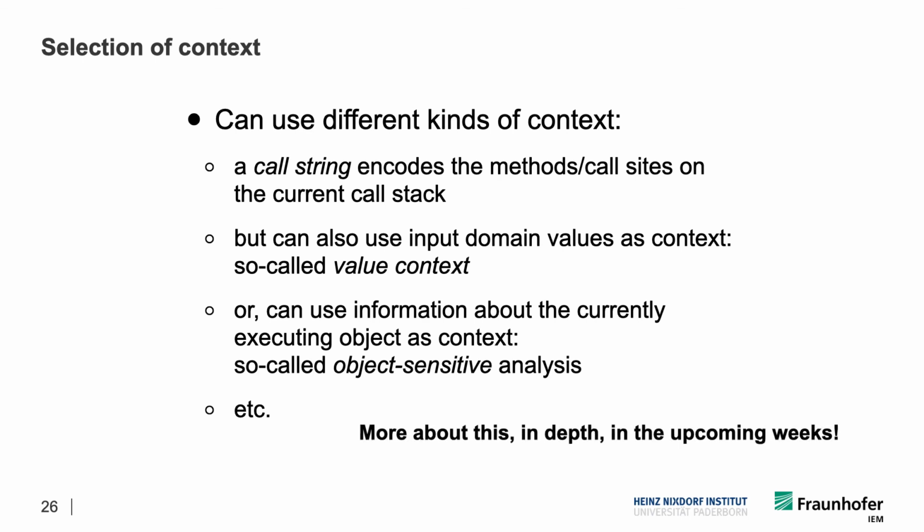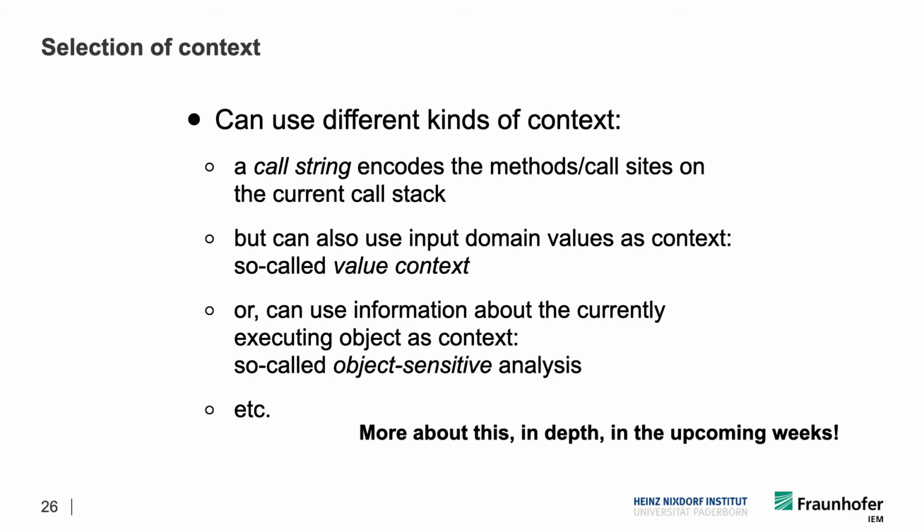Now we will be talking more about this in depth in the upcoming weeks. In fact, the next 3 weeks or so will all be about different conceptual frameworks that have a variety of different trade-offs in this space. They choose different context representations, which all have different pros and cons, and I'll be carefully explaining to you which of these different representations are useful in what setting.